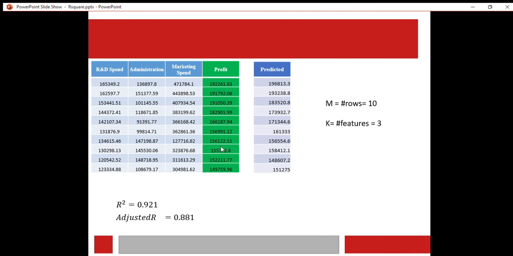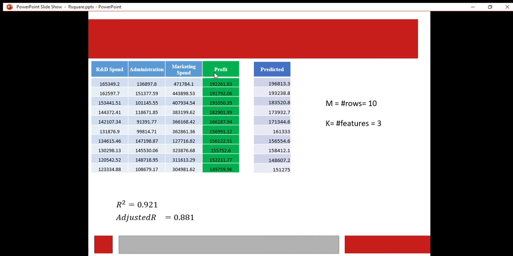This one is the class label, so it's not counted here. Now assume that we have the predicted value. Our model predicted the profit as these values. For instance, for this input, the predicted profit is this value.